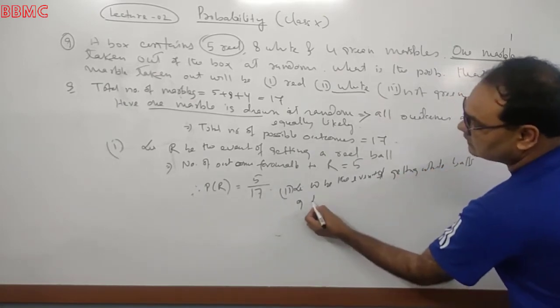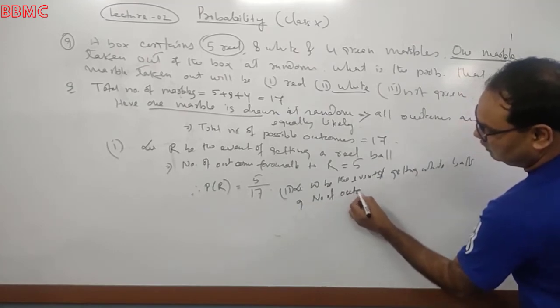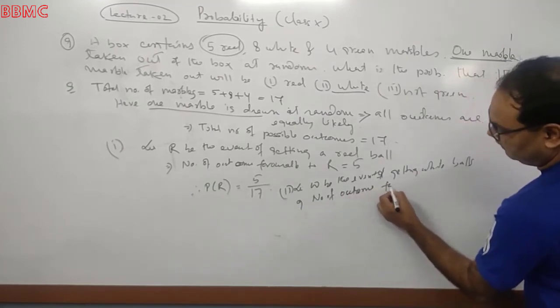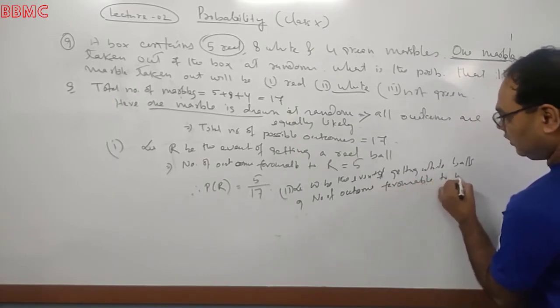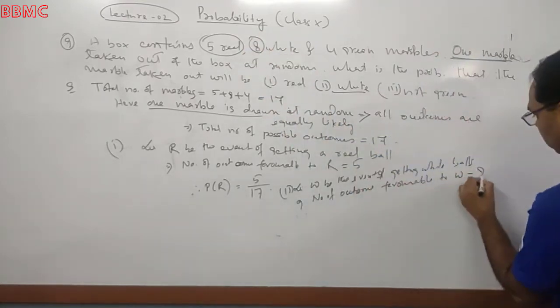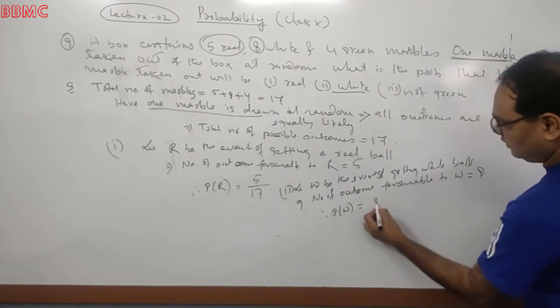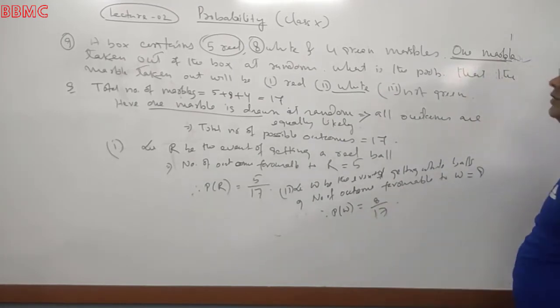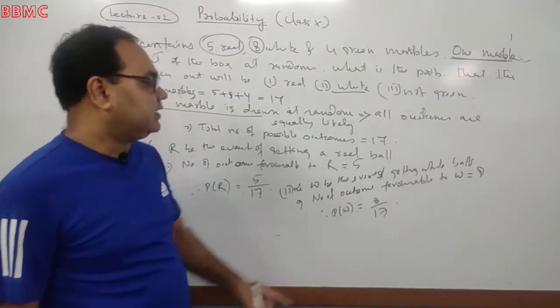This implies the number of outcomes favorable to W is equal to the white balls, which is 8. Therefore, P of W is equal to 8 by 17. Same answer. P means probability.